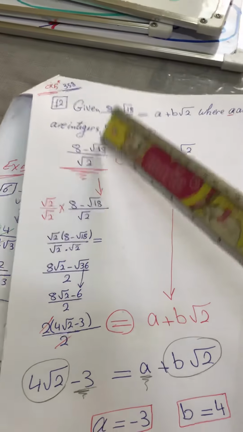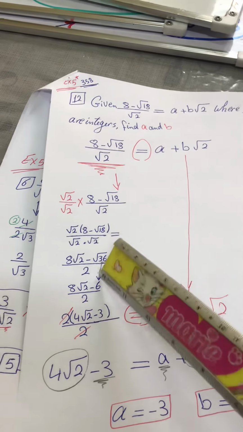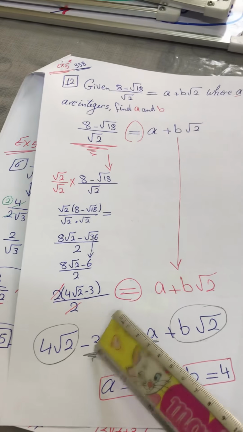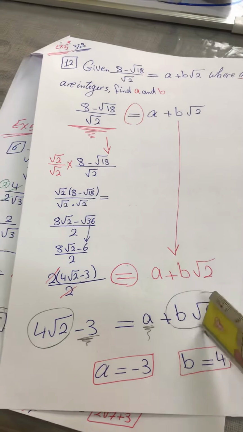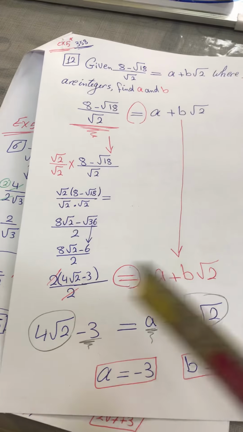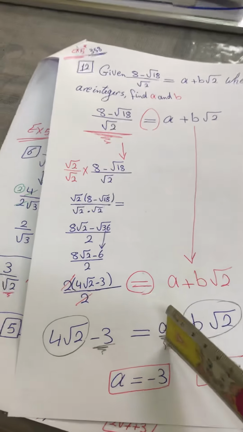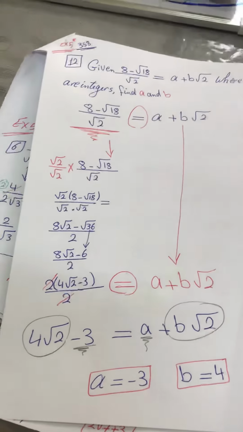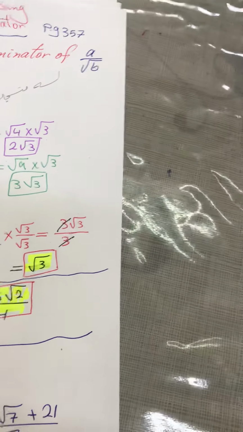It is to take one side, which is the left side, and go with it, rationalize it, simplify it till the end. He said this side equals that one, so I have the same shape: a, and a number multiplied by square root of 2. So a equals negative 3 and b equals 4.